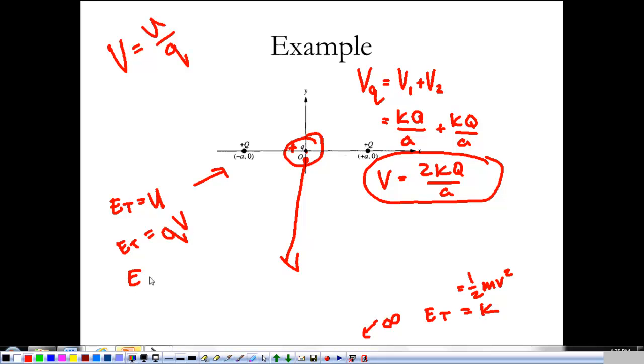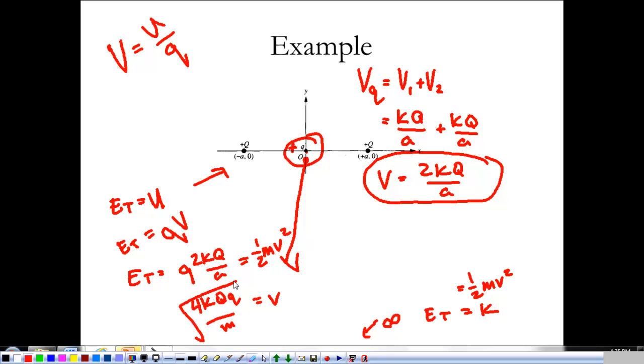So my total energy at this point is equal to Q times 2KQ over A. Since I know the total energy here is equal to total energy at infinity, it's going to be equal to 1/2 mv squared. So I can just solve for that velocity. Now, it's not a particularly lovely number, but it's the square root of 4kq over m, and that's going to give me the velocity once I've accelerated the distance away.